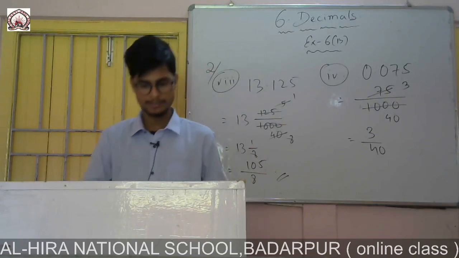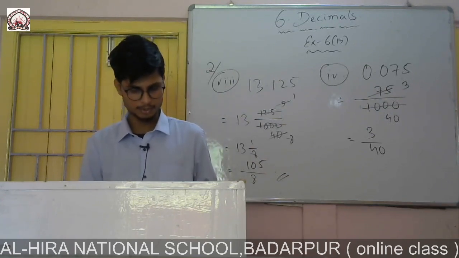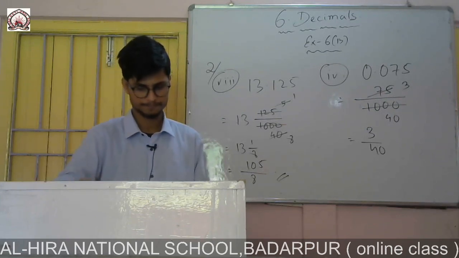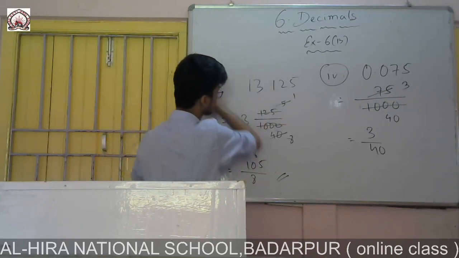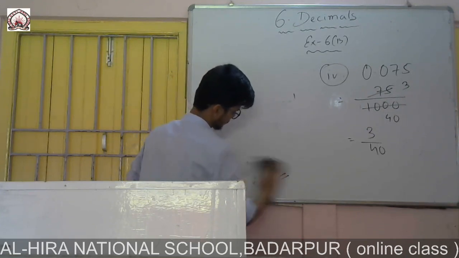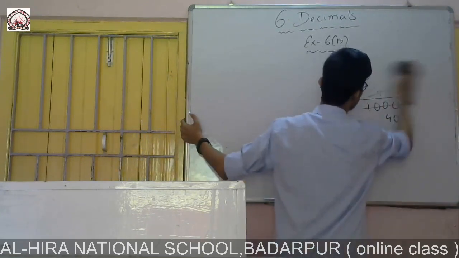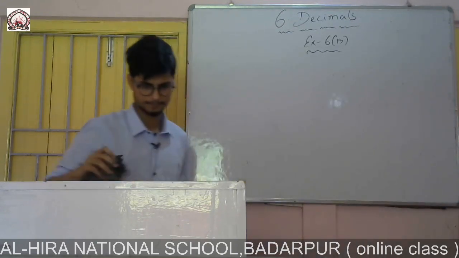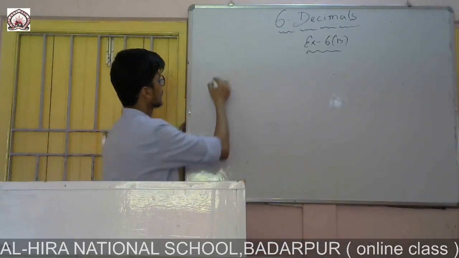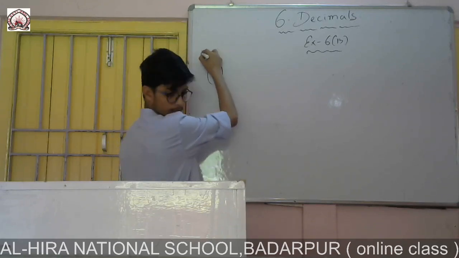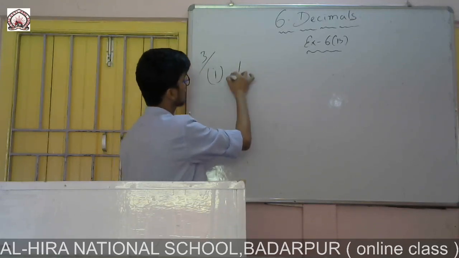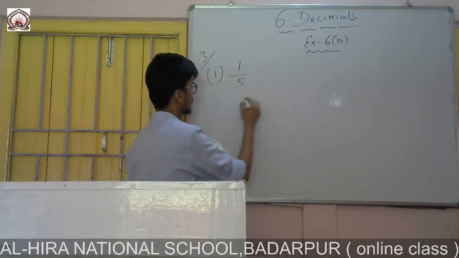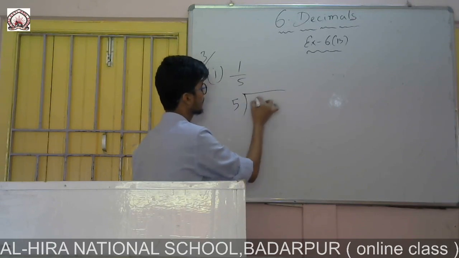Now question number 3, change to decimal by division. By division you have to change this into a decimal. It is 1 by 5. First you divide by 5, and there it will be 1.